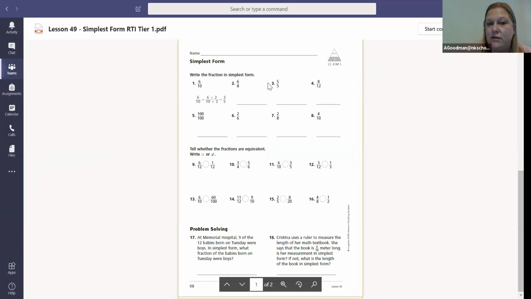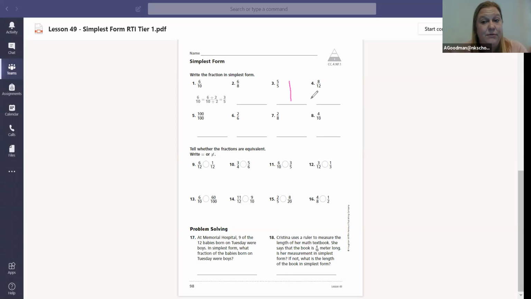There's a special one: you don't even have to worry about dividing, because on number 3, if it has the equal number on the top and the bottom, you know that it is equal to 1. 5/5 is 1. So simplifying that fraction is changing it to a 1. And then this is the same as yesterday, finding out if they are equivalent. I'm going to let you do those on your own.